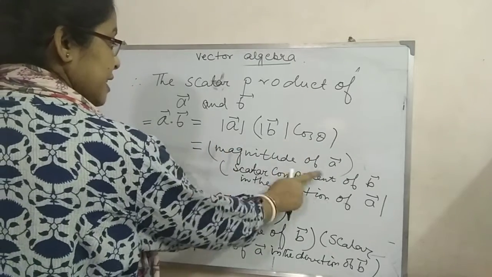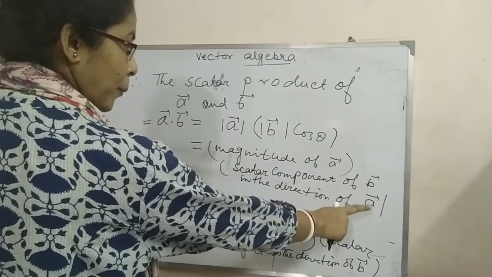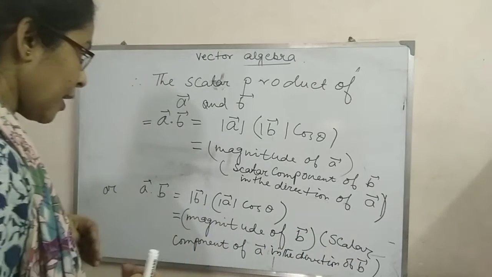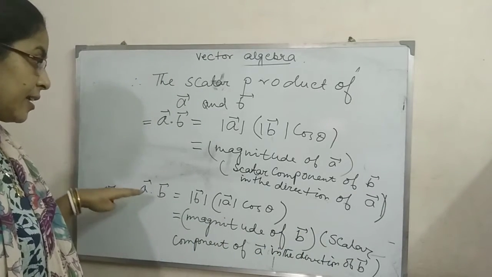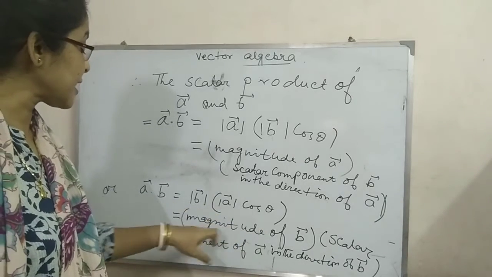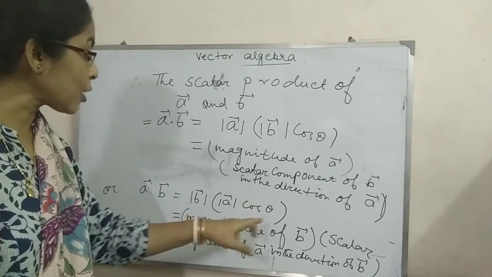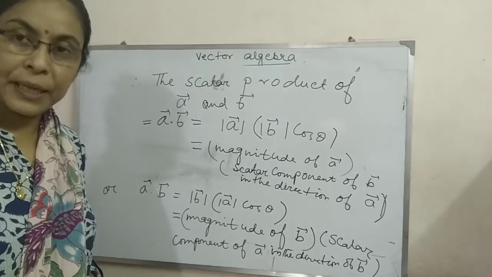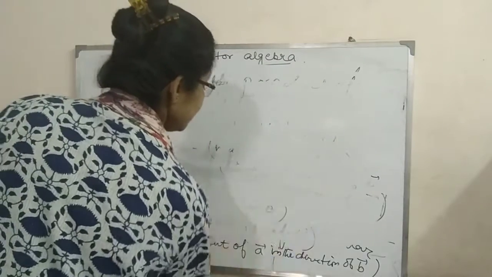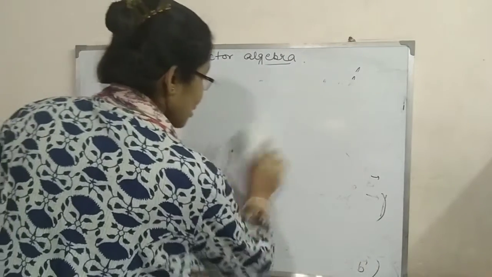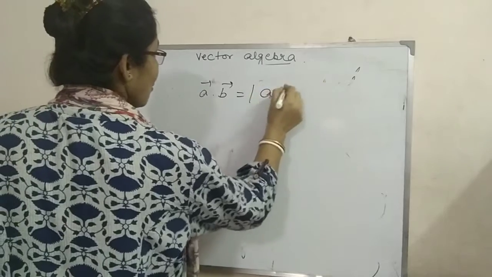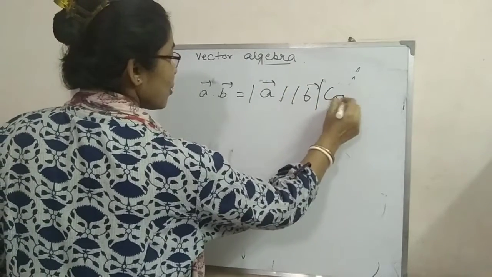This equals the magnitude of A times the scalar component of B in the direction of A. Or it can be written as A dot B equals modulus B times modulus A cos theta, that is the magnitude of B times the scalar component of A in the direction of B. So A dot B equals modulus A modulus B cos theta.